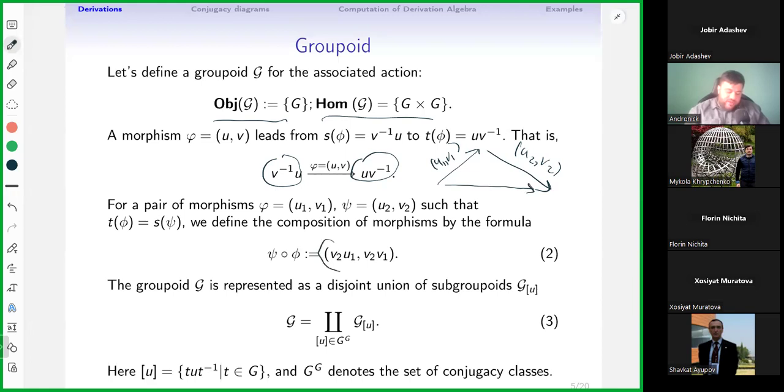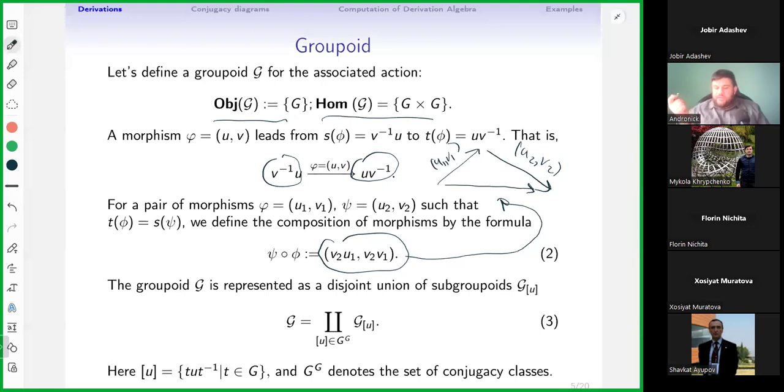This formula must be written on this arrow. I think it's rather geometric, and it's not a problem to understand this definition. Of course, you have to check that this composition formula is associative.